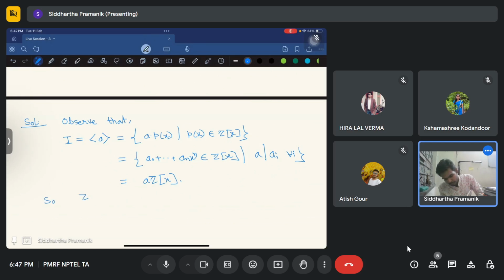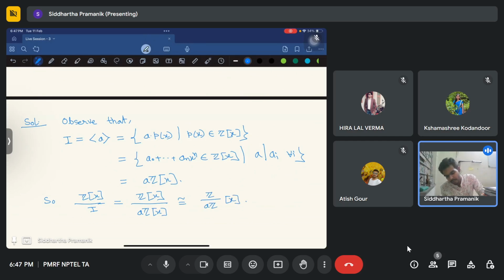So if we take the quotient Z[x] mod I, this equals Z[x] mod aZ[x]. Now using the isomorphism in the first problem, this is basically Z mod aZ, adjoined x.